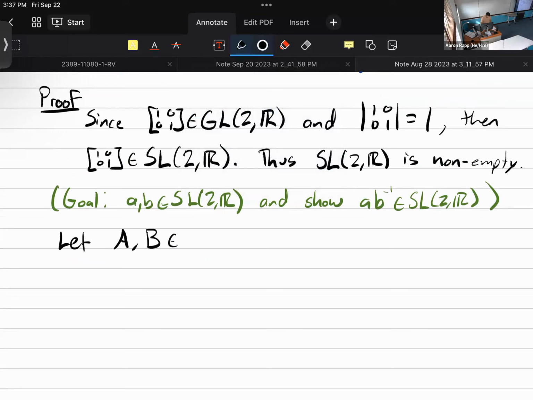So let's choose two matrices from that set. And since they're coming from this SL set, what do we know about their determinants? They're one.